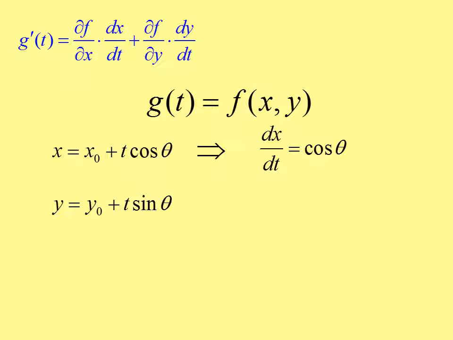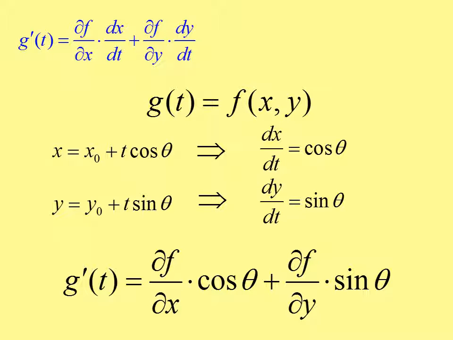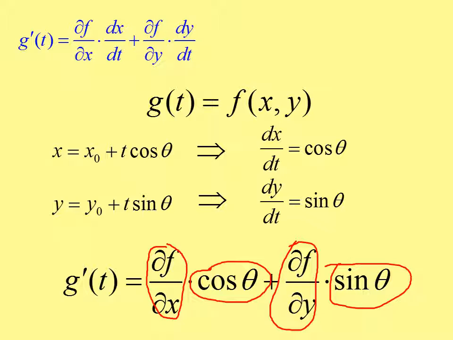So we get, by the chain rule, the derivative is the partial with respect to x times cosine theta, plus the partial with respect to y times the sine theta. So maybe we could use this instead of that definition.